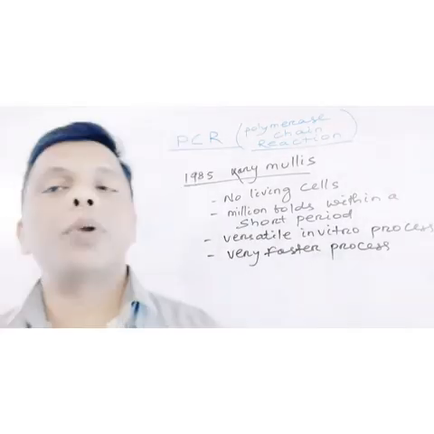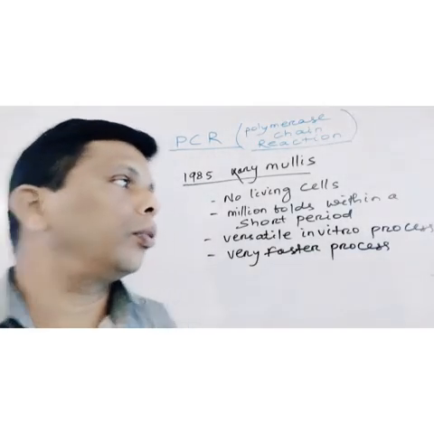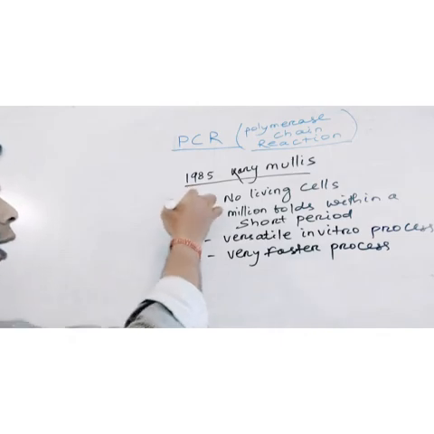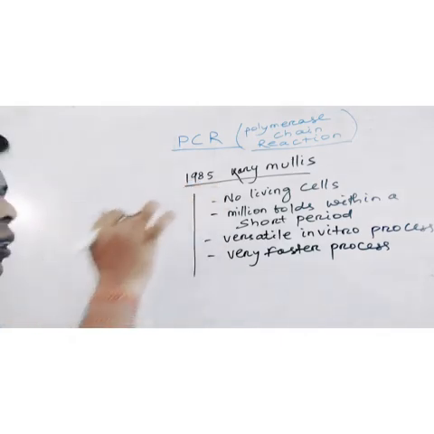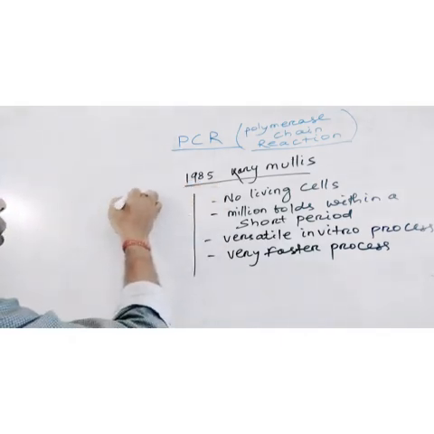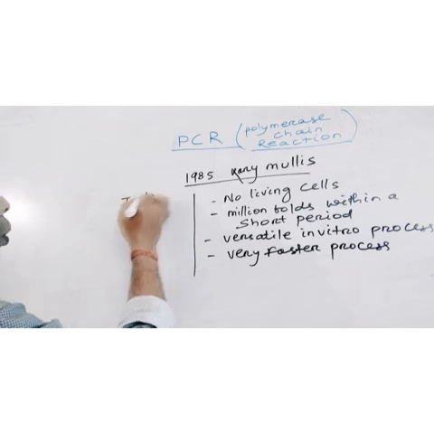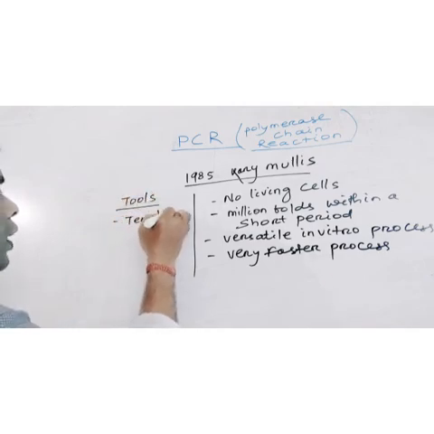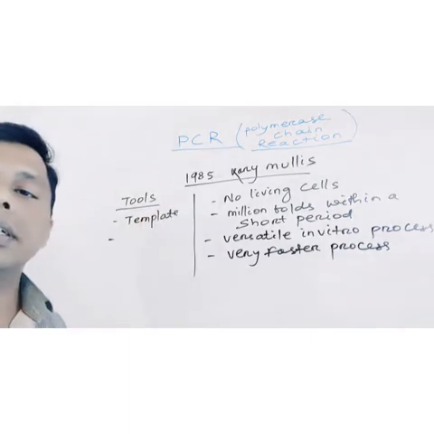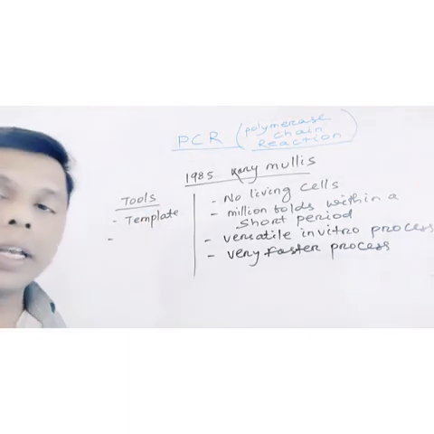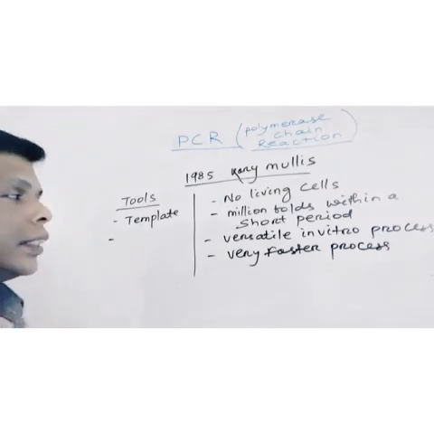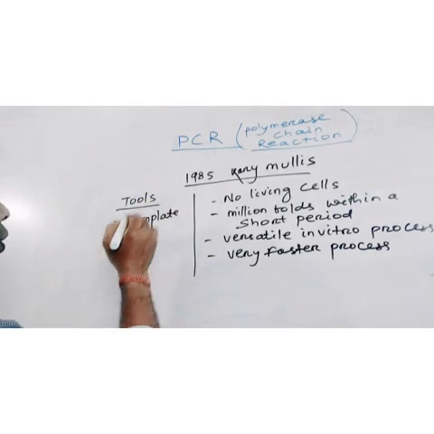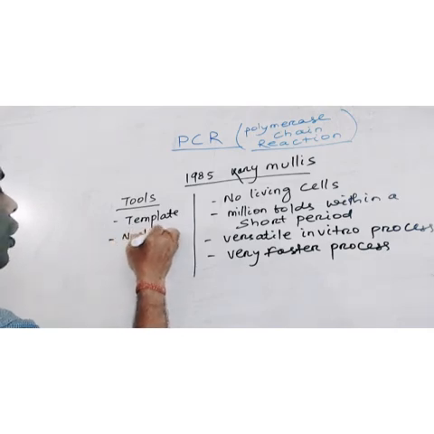To carry out this process, we need the tools. First, the template strand. The second one is all essential nucleotides.